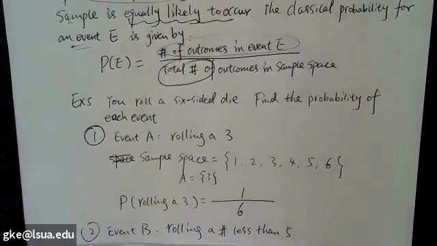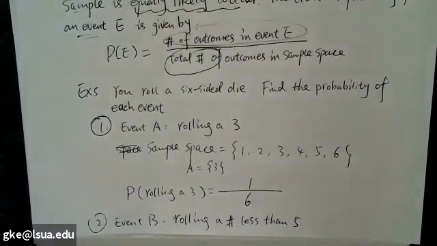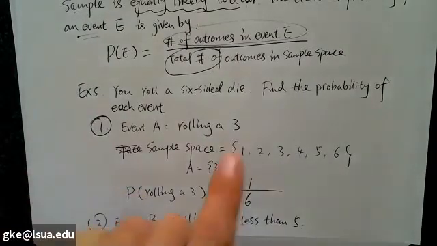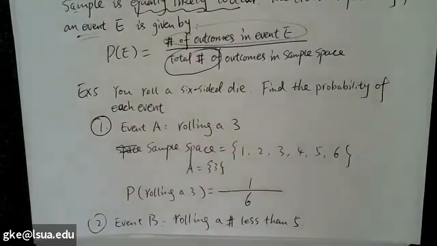Okay, try this one for me. The first thing you need to find is how many outcomes in event B. Event B is rolling a number less than 5. And then that number divided by the total number of outcomes in the sample space is going to be the probability. Okay. So follow these steps.